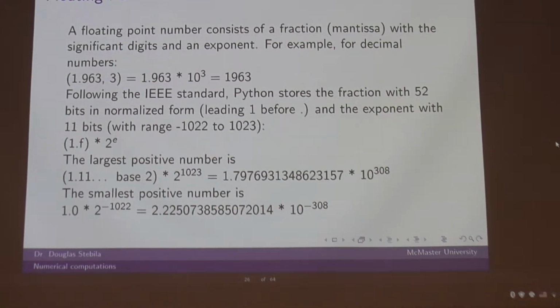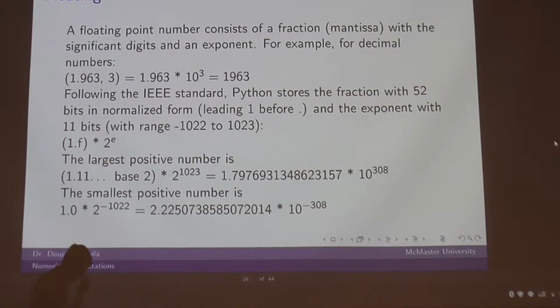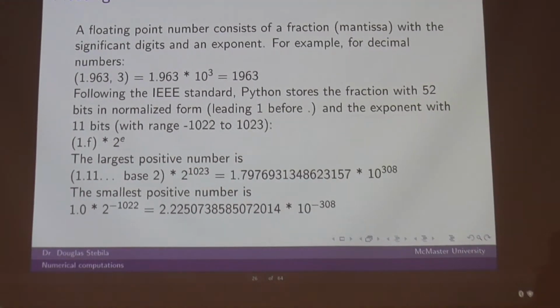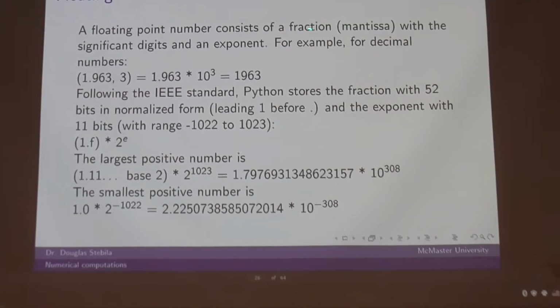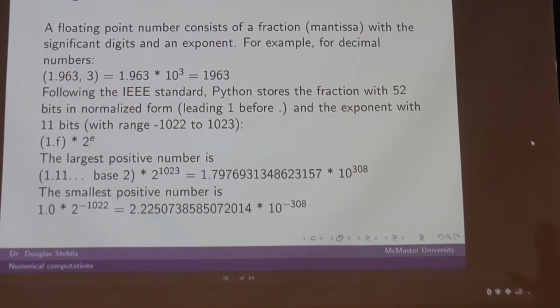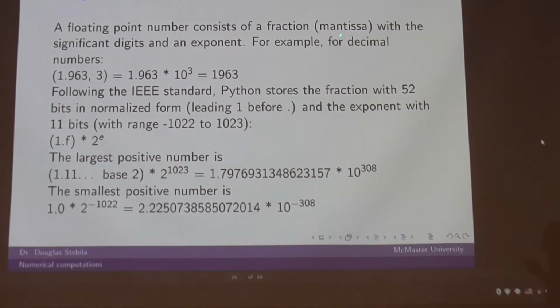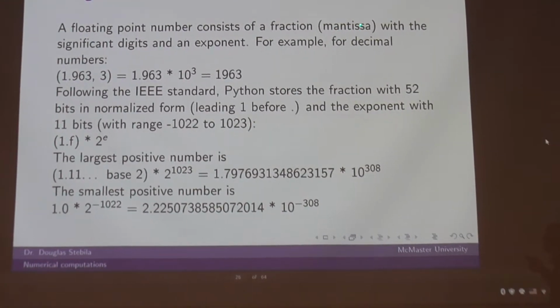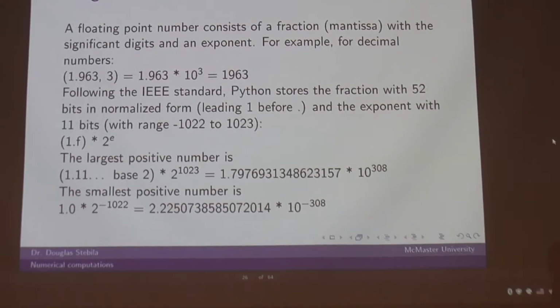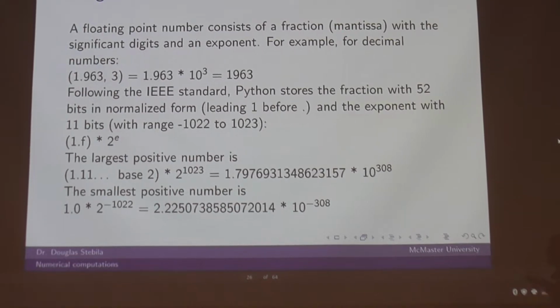I'll run through this slide reasonably quickly because we've kind of already explained it. Important piece of nomenclature: the fractional component of the floating point number is known as the mantissa. You will likely hear that word in later courses, probably not until third year.